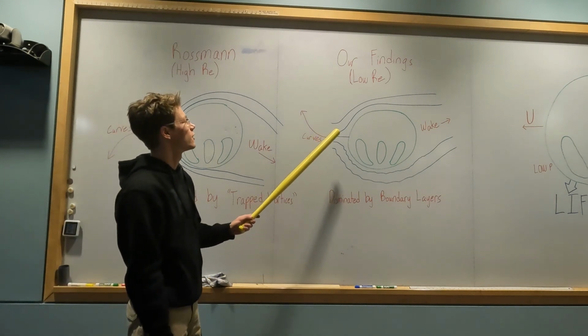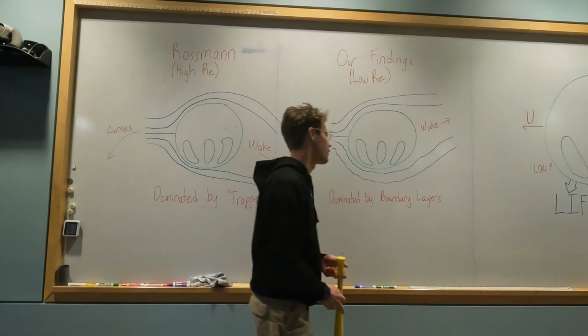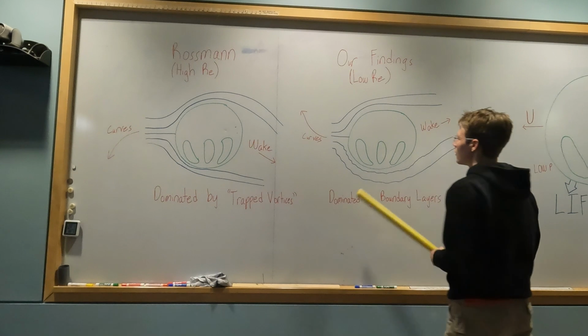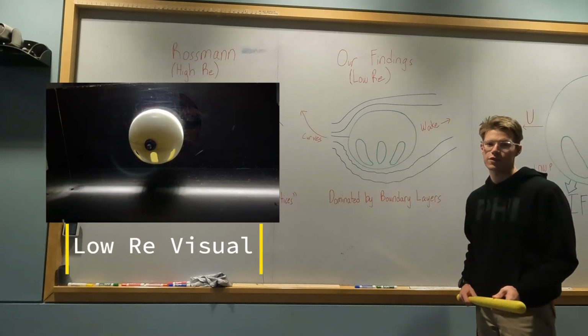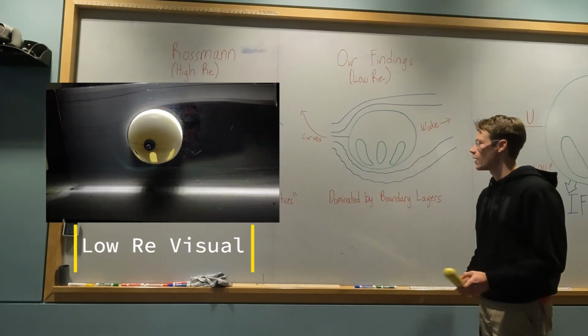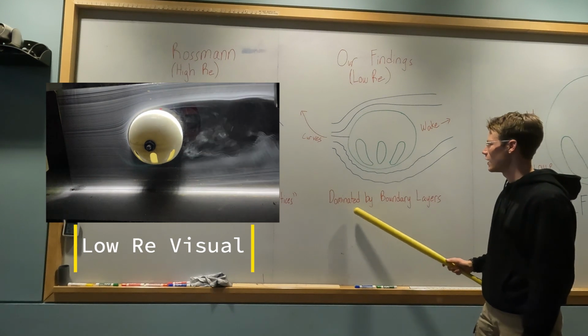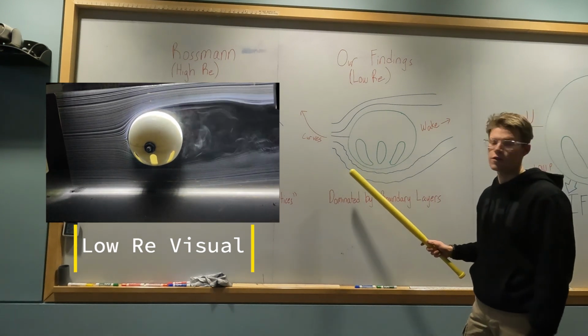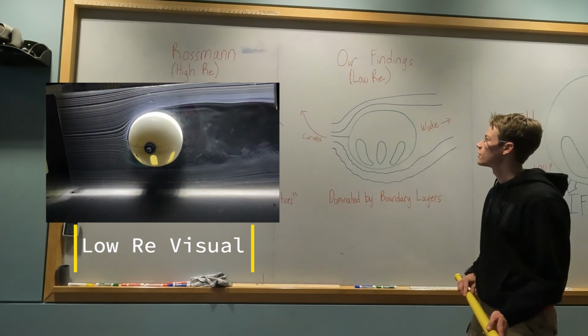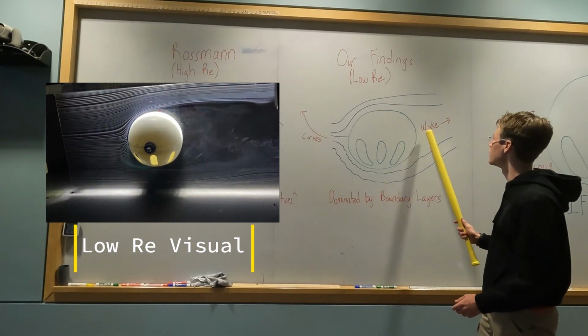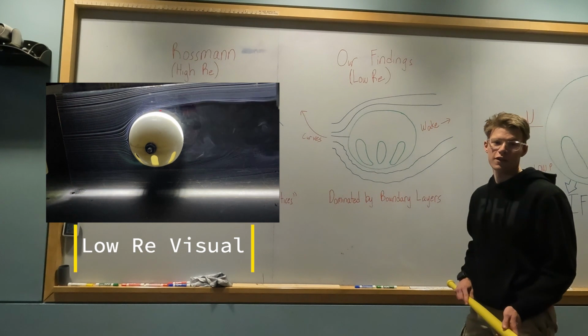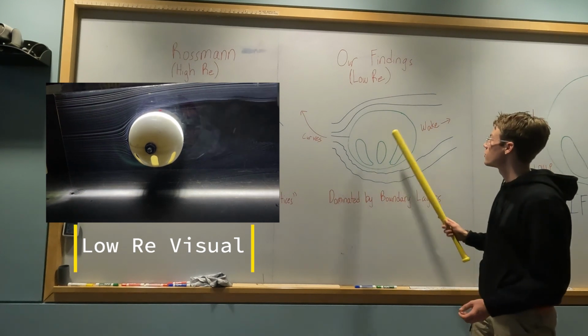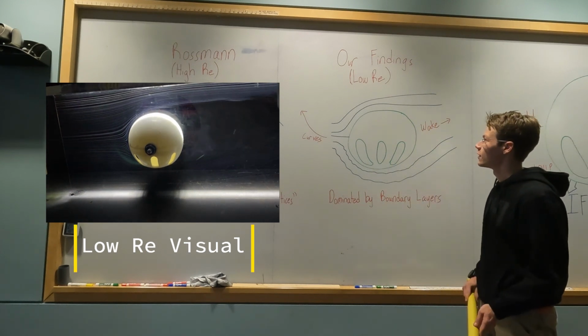Now in our findings, in a low Reynolds number scenario, we found that our wake was deflected upwards towards the smooth side. And our conclusion was that this was dominated by the boundary layers. We saw a turbulent layer across the wiffles and a smooth layer across the top. And this would cause a net wake upward on the side that's smooth and a net drag force upward on the side that's smooth.